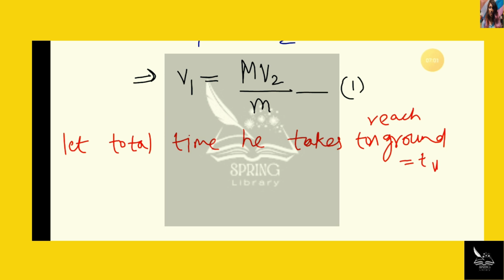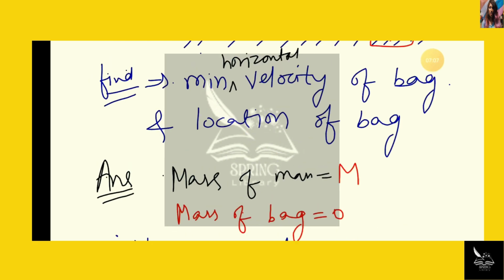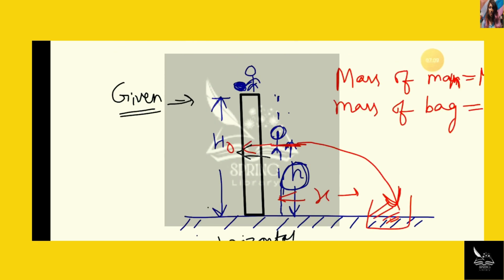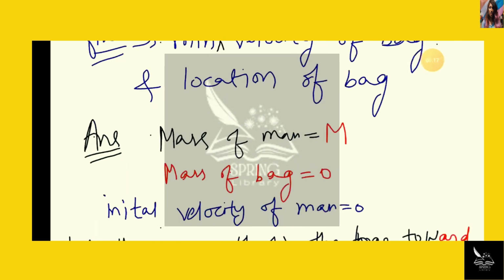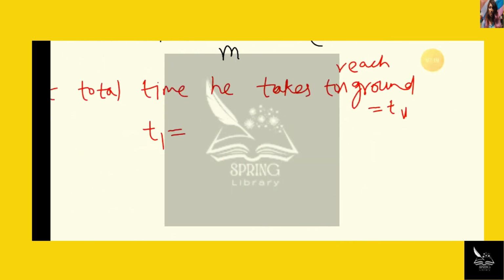The t1 will be written as, the total height from its initial point to the bottom point, that is capital H, so t1 is equal to the square root of 2H over g.